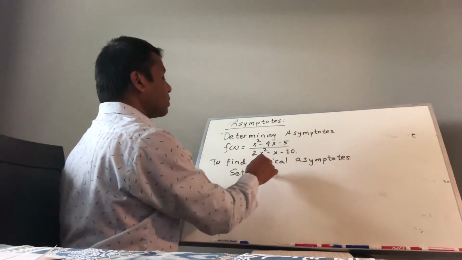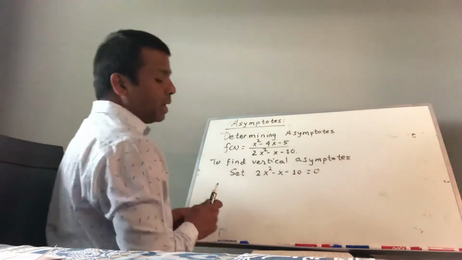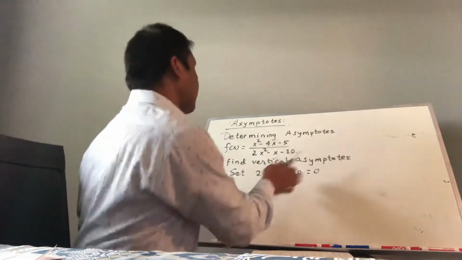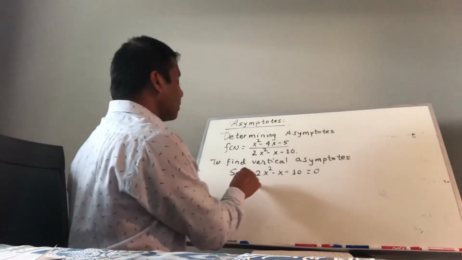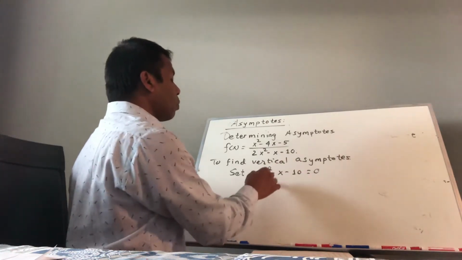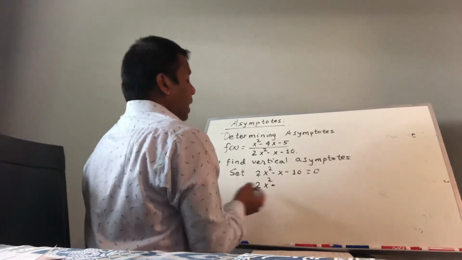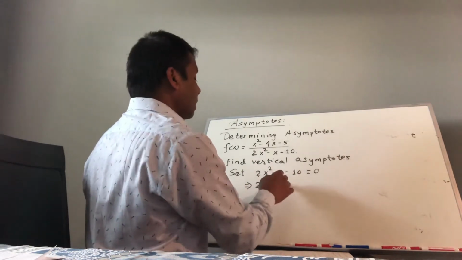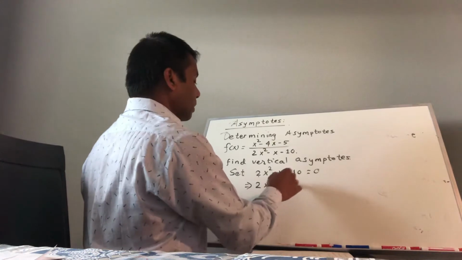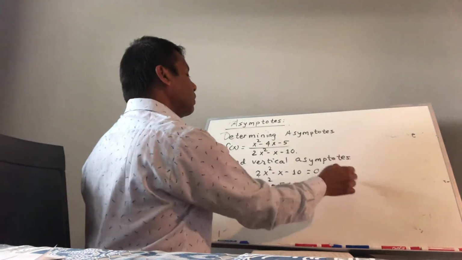So 2x squared minus x minus 10 equals 0, and then you solve for x. And you know how to solve it, right? So you multiply 2 and 10, 20, and what are the factors of 20 that make negative 1? So this is negative 5x plus 4x minus 10 equal to 0.